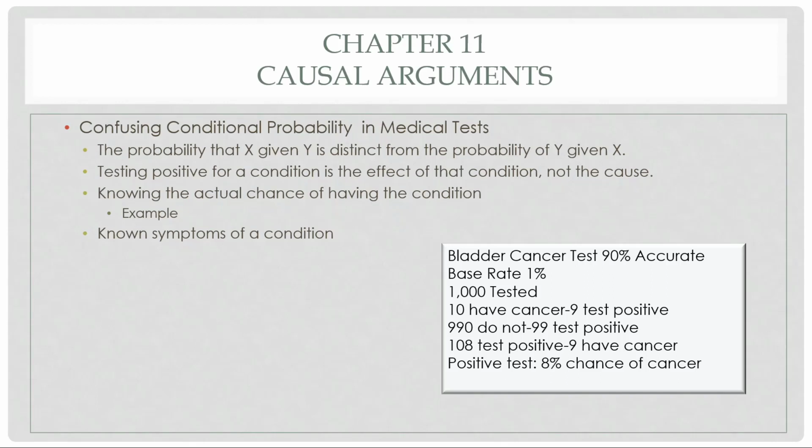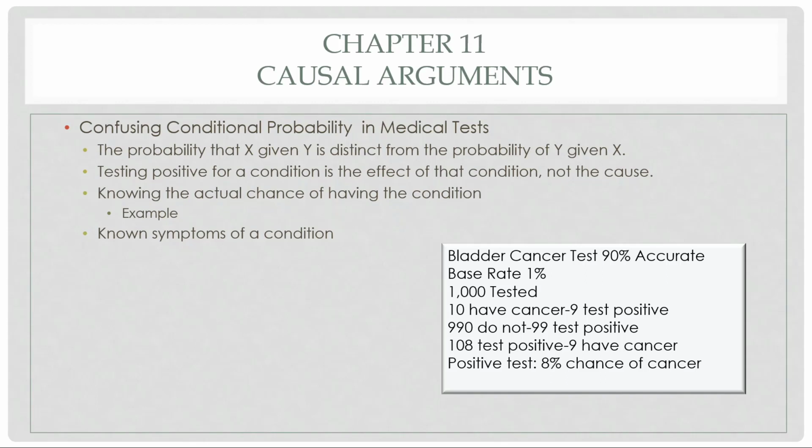Using the example from the book, suppose 10% of men who don't have bladder cancer will test positive, that the test is 90% accurate and has a 10% false positive rate, which is pretty good. And suppose the base rate in the population is 1%.